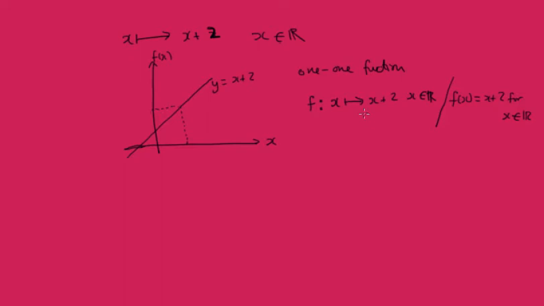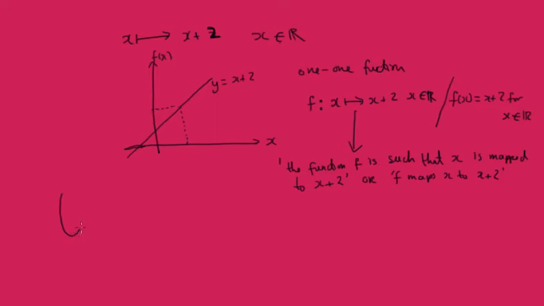What this here means is the function f is such that x is mapped to x plus 2, or f maps x to x plus 2. f of x is the output, so f of x is the output of the function f, and the input value is x.